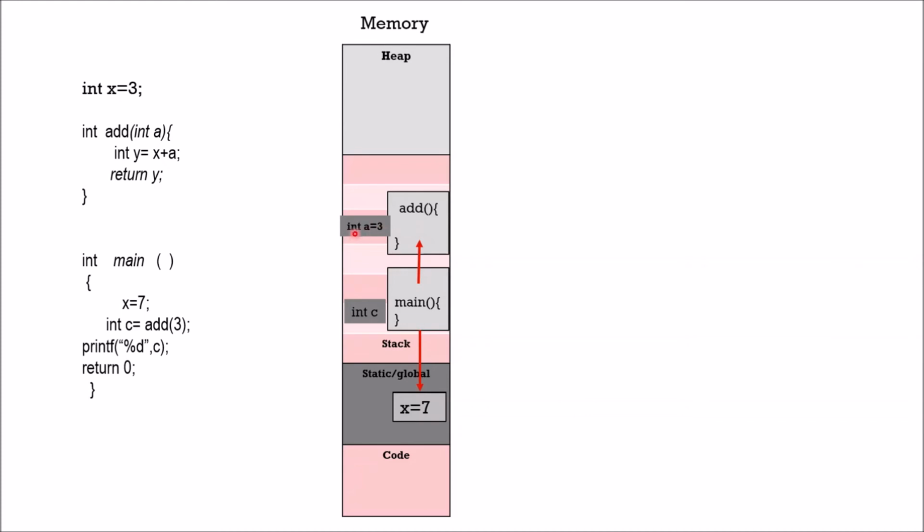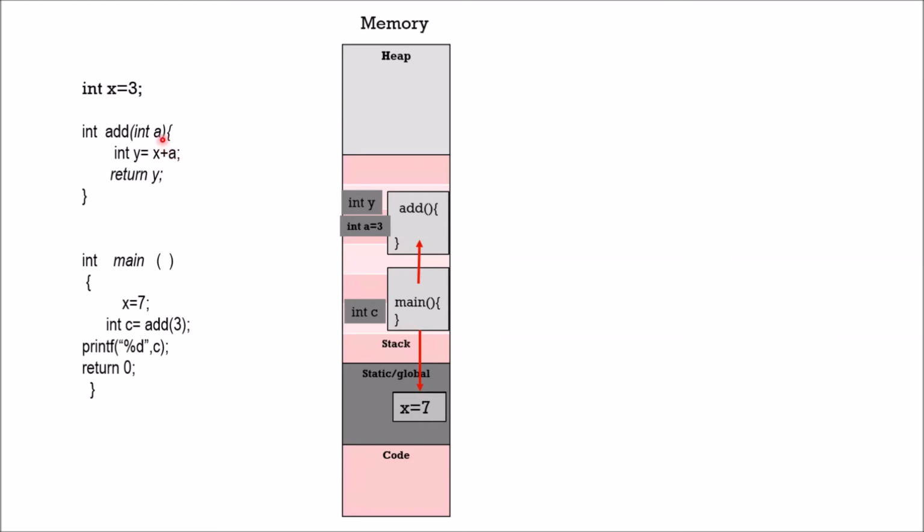Add creates a temporary variable that is here. Okay, we are now here in this function, so we are creating an integer a, and it's equal to 3. Why? Because we passed this in the function call. So this argument here is the one that goes inside here, integer a, and then we create an integer y that is here. Okay, and we are going to perform the addition of x plus a.